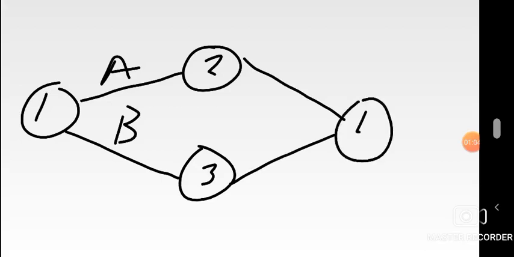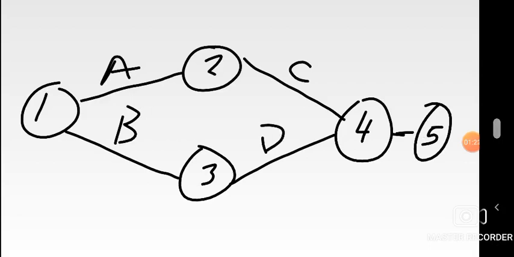This will be node 4, and lastly 5 as your node, which is your final node. So we had letters like C, we had D, then there was E.